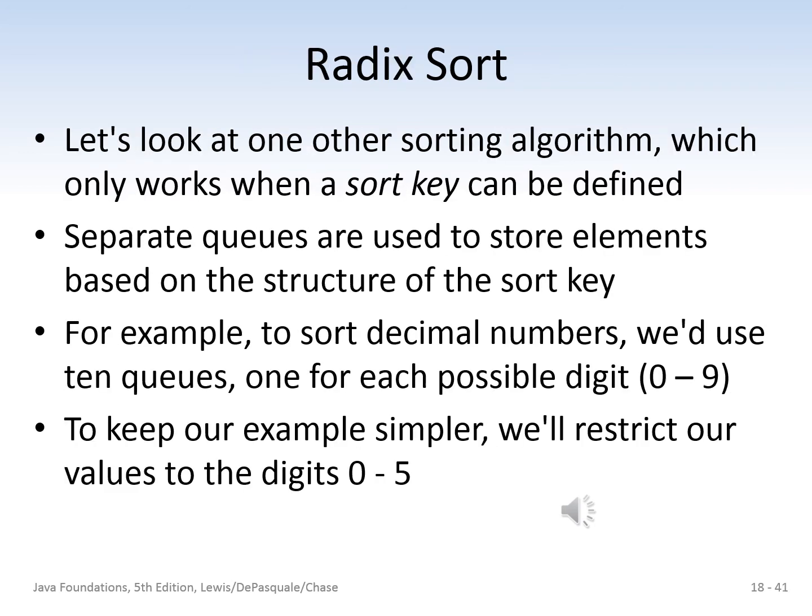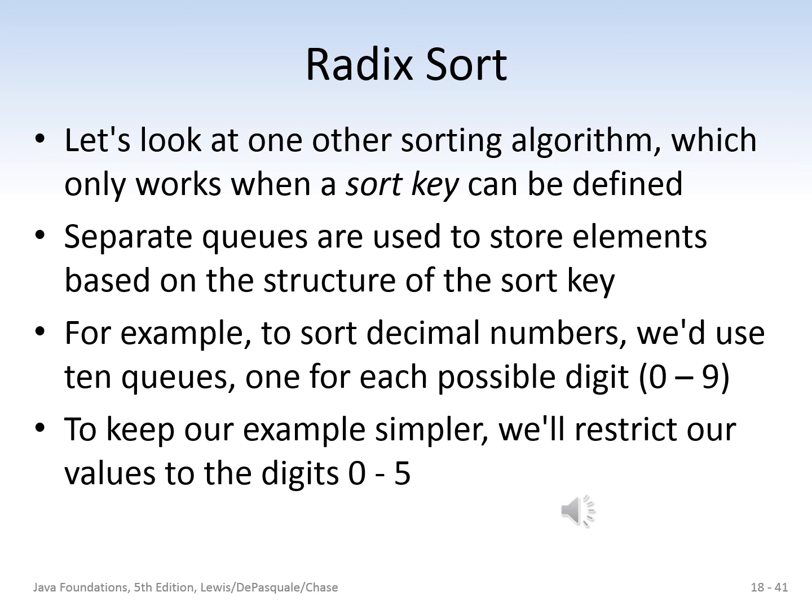Before we finish this discussion, we're going to take a look at another sorting algorithm, the radix sort. It only works when a sort key can be defined. We use separate queues to store elements based on the structure of the sort key.